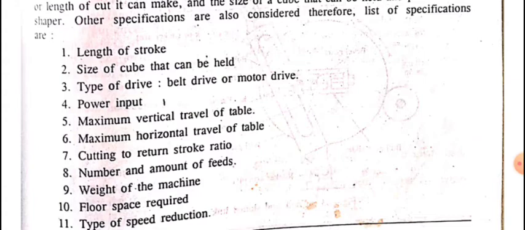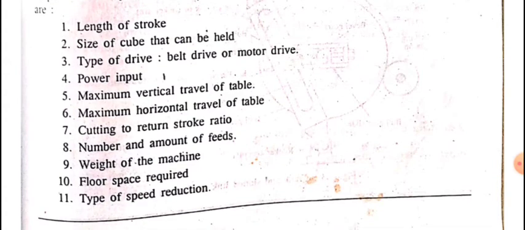Floor space means the overall space required in the installation of the machine. Type of speed reduction. You must know all these, then only you can purchase the machine, and it will also be helpful for taking orders from customers. So that's why the size of the shaper plays a very important role.